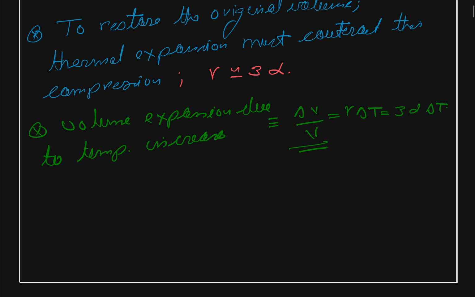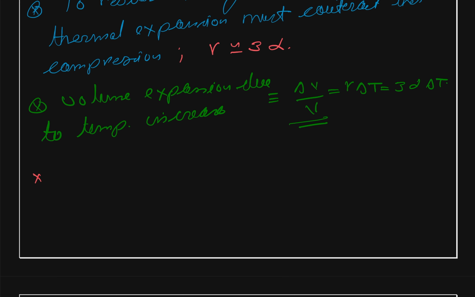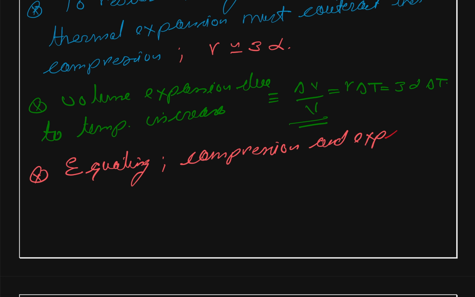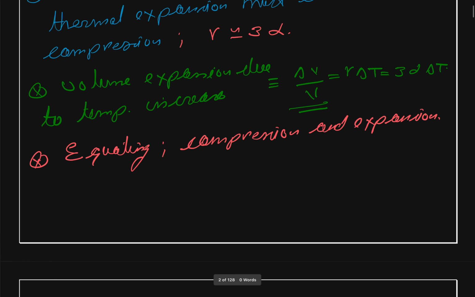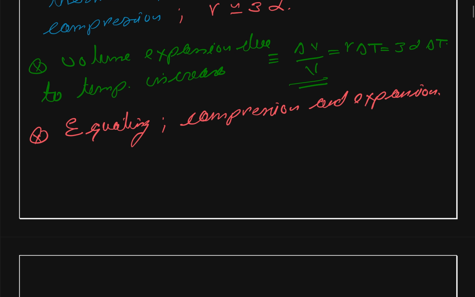Okay. Therefore we can say that equating compression and expansion, we get P upon K is equal to 3 alpha delta T, and from here we can say that our delta T will be equal to P upon 3K alpha.